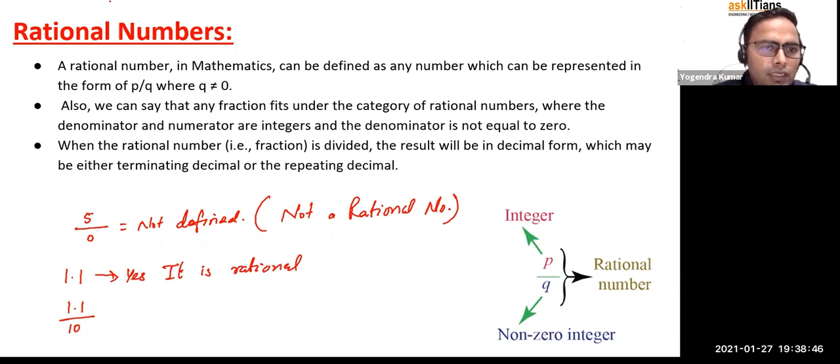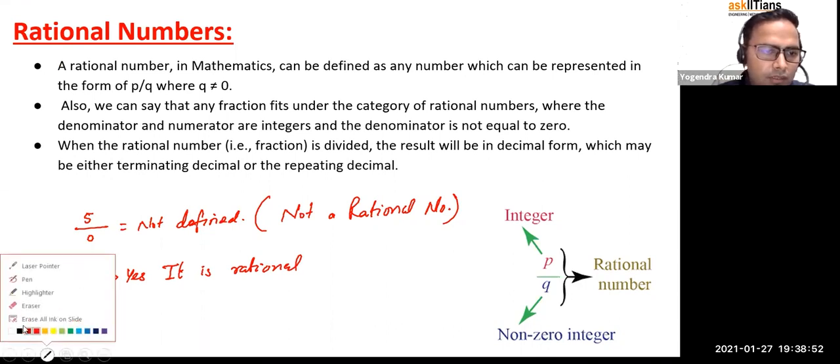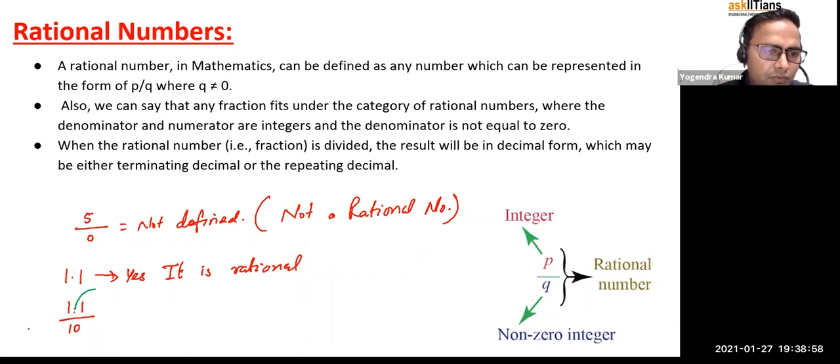We have 1. So now the point can go, and it can be written finally as 11 by 10. Is the numerator an integer? Yes. Is the denominator an integer? Yes. Is the denominator not equal to 0? Yes. Is it fulfilling all the conditions?